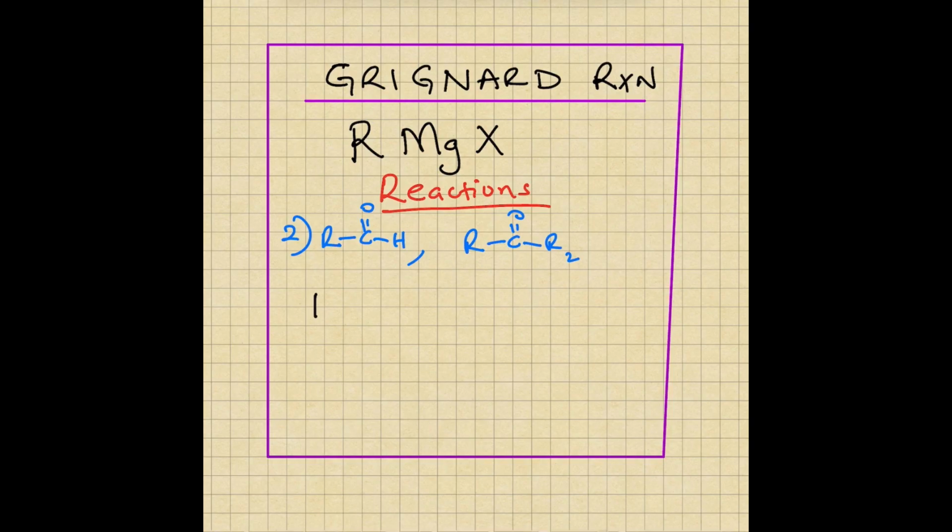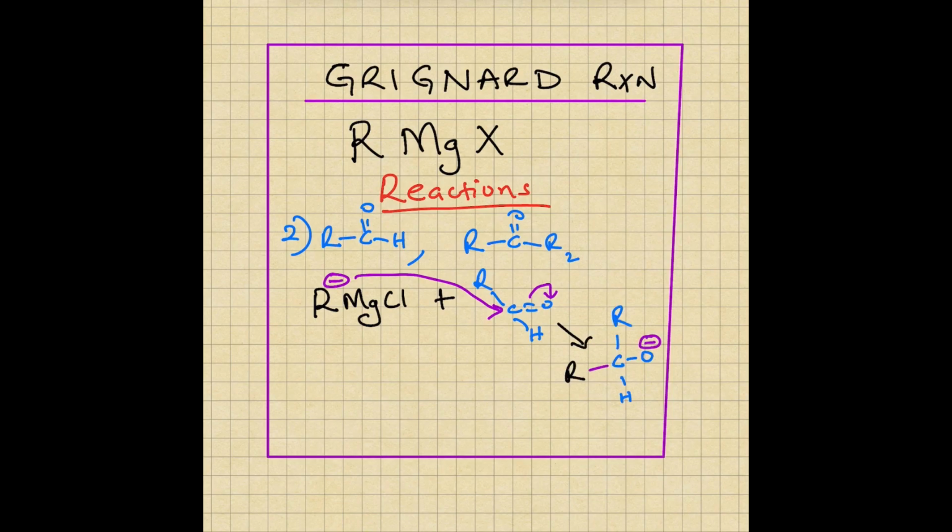In this case, the Grignard reagent will react with, say, an aldehyde. Remember, you end up generating a minus charge on the carbon connected to the magnesium, and then that ends up adding to the carbonyl carbon, and then the electron pair from the double bond will flow to the oxygen to form an O-. Now you have the O- there.